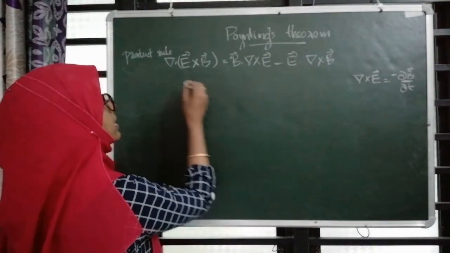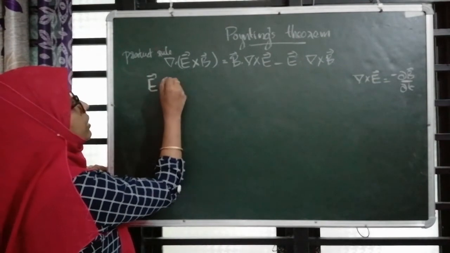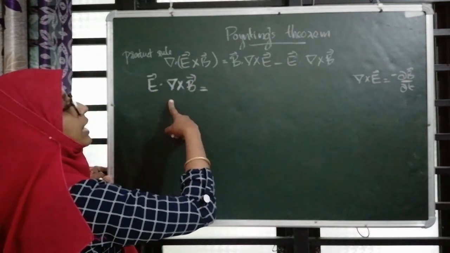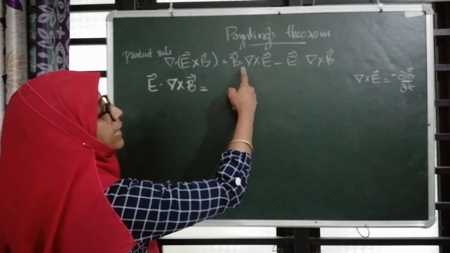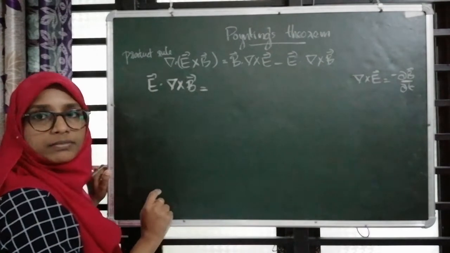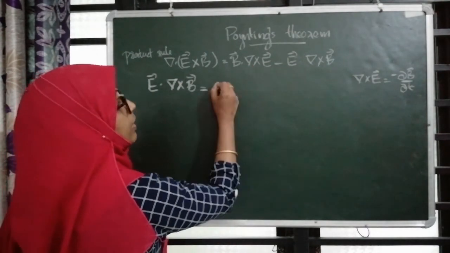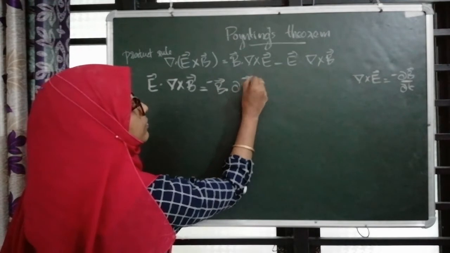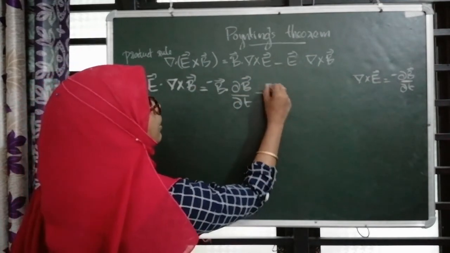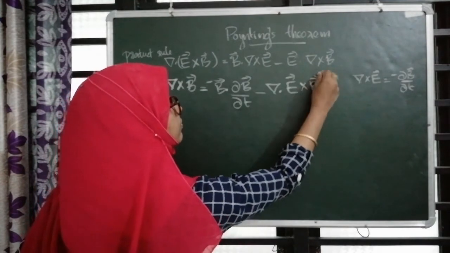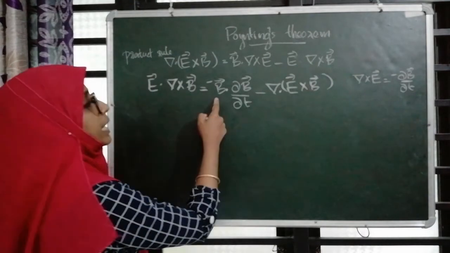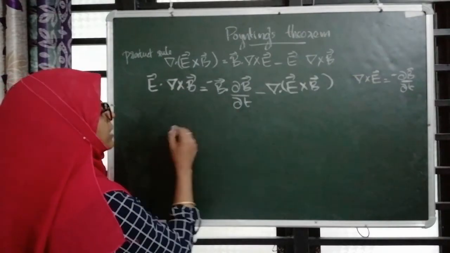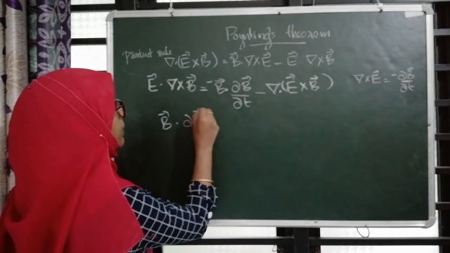I am taking this term to the left side, that is E dot del cross B is equal to B dot del cross E minus del dot E cross B. Substituting B dot del cross E as minus B dot dou B by dou T, E dot del cross B is equal to minus B dot dou B by dou T minus del dot E cross B.